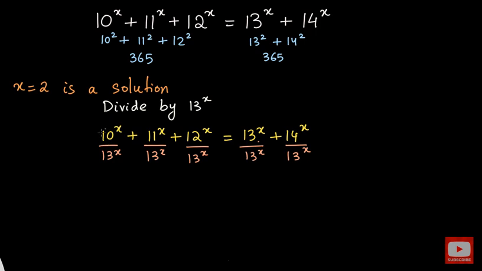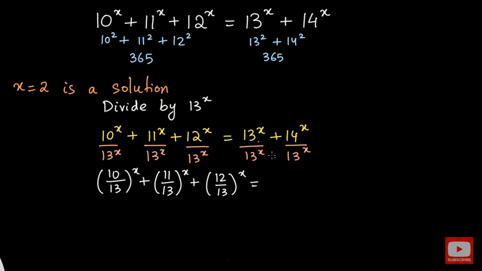So 10^x by 13^x can be written as (10/13)^x. The second one, 11^x by 13^x, can be written as (11/13)^x. Same way the third one, (12/13)^x. And here 13^x and 13^x cancel out, so we just have 1.